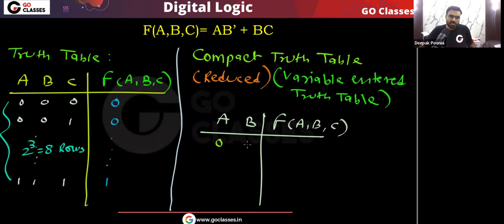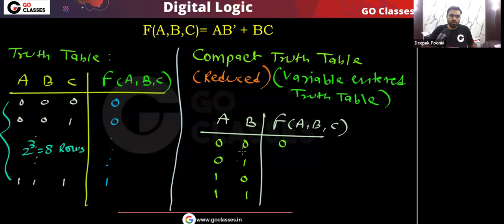How many combinations are there using A comma B? Four combinations: 0 0, 0 1, 1 0, 1 1. Now let's find the output of this function for these combinations. If I put A equal to 0, B equal to 0 in this function, then the function output will be 0.